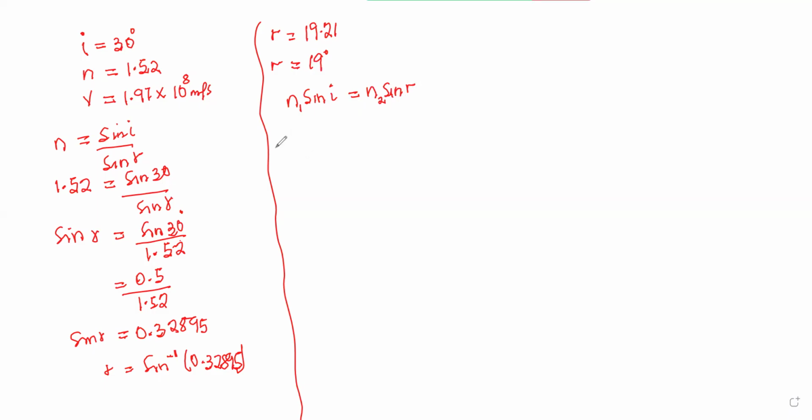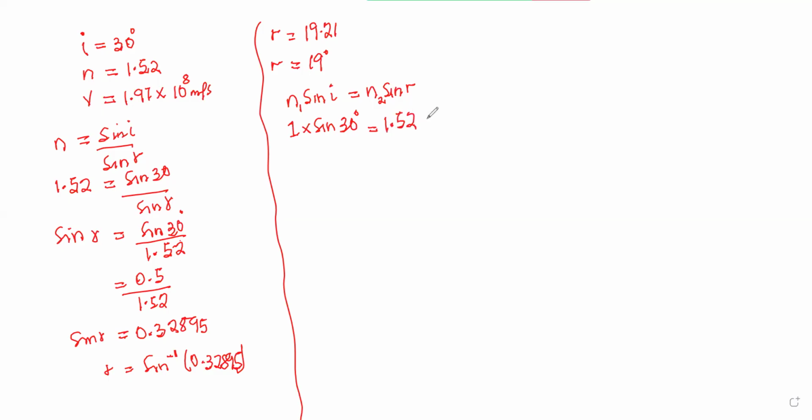Now, since the refractive index of crown glass given is absolute, it means the first medium is air, and the refractive index of air is just 1.